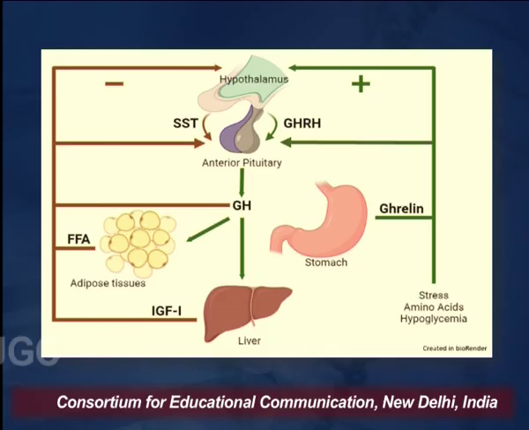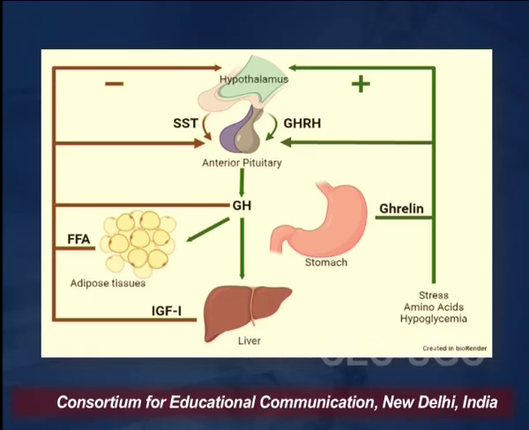Now, this human growth hormone is going to, as we talked about, affect the fatty adipose tissue, and it is going to affect the liver also. Now, when the liver releases this IGF-1, this is going to have a negative feedback loop. So it is going to act in accordance with the somatostatin to basically shut off the production.